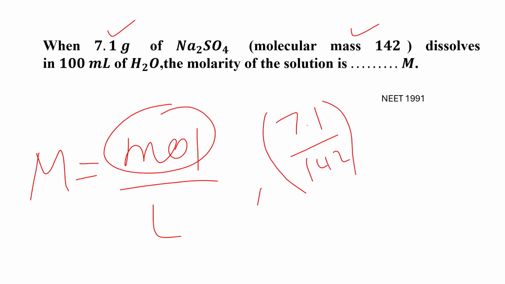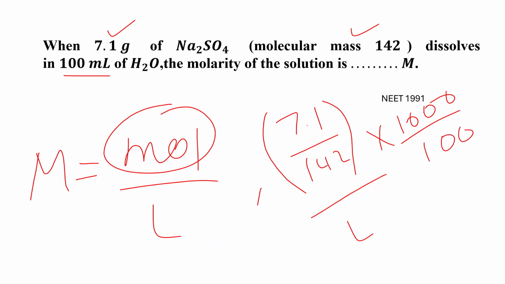This will give the number of moles. So this is divided by liters. The volume is 100 ml, so it is 1000 divided by 100. There is basically one formula to define molarity in volumetric analysis.